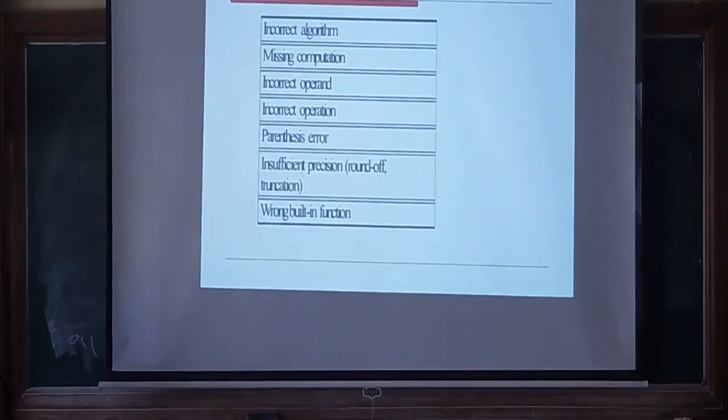Similarly, there can be computational faults, where the faults are because of mistakes in the computational part. Say incorrect algorithm, missing computation, incorrect operand, incorrect operation, parenthesis error, insufficient precision, wrong built-in function are the faults which can be categorized as computational faults.